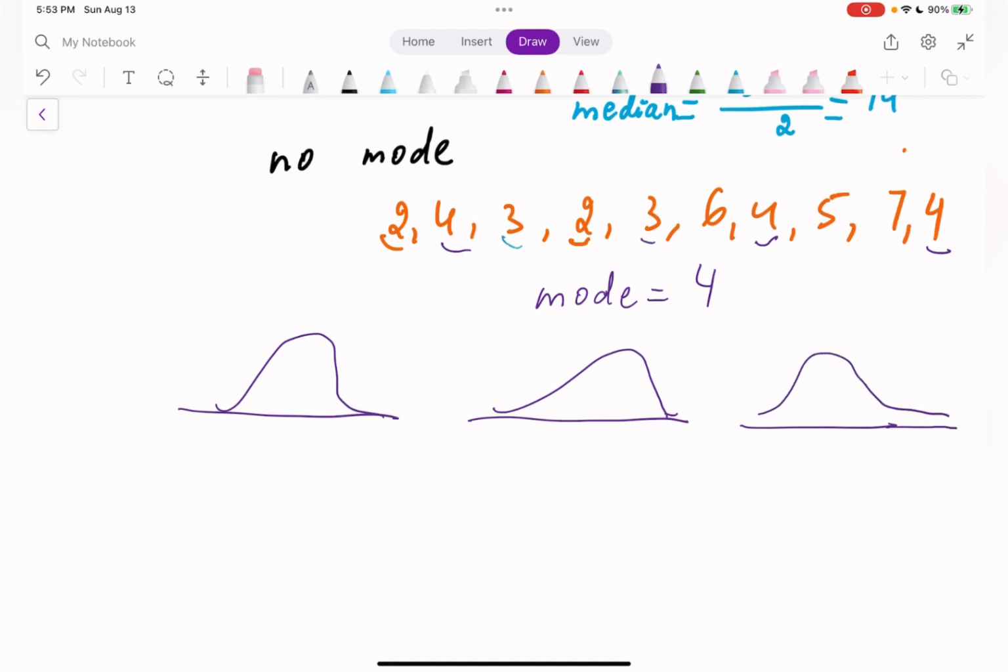When data are symmetric, then we have mean, mode. Use your imagination. It's supposed to be symmetric. Okay, mean, mode, and median, they overlap each other in the same position.